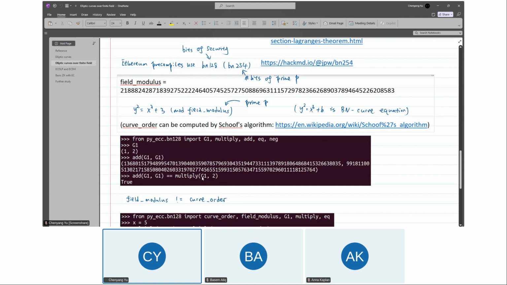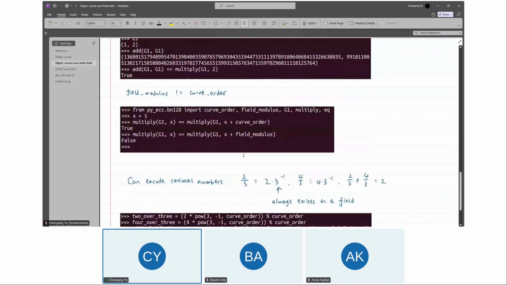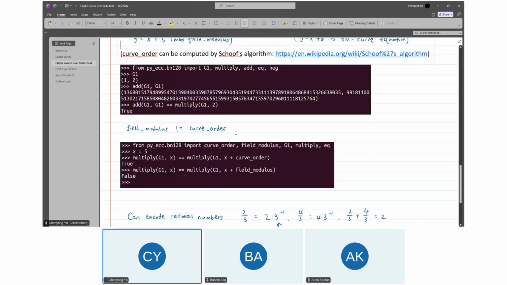It's pretty tempting to say multiply 2 comma G1, but that's wrong, and it took me some time to debug. You have to put G1 first and then comma 2. This is just some implementation stuff in the library, pretty stupid.